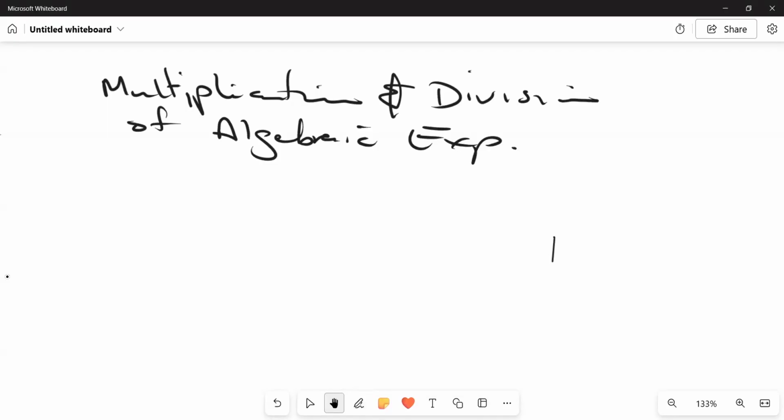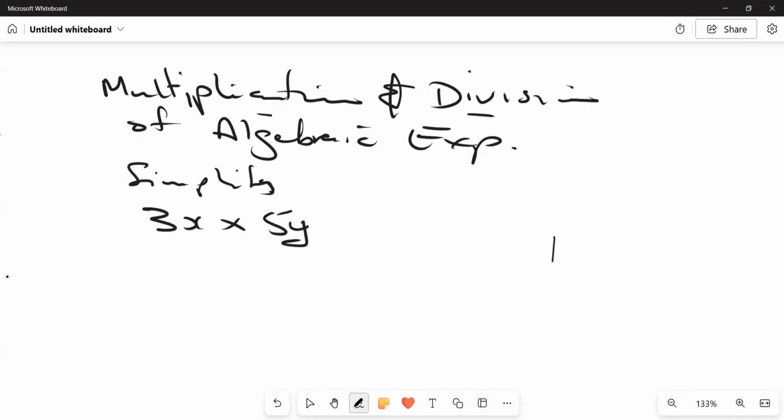Good. The beautiful thing about multiplication and division is that, let's borrow a few examples from the book. Let's say you have to simplify this here.